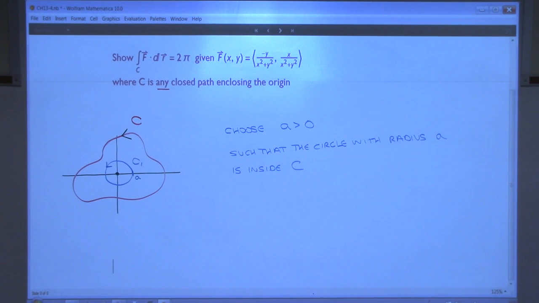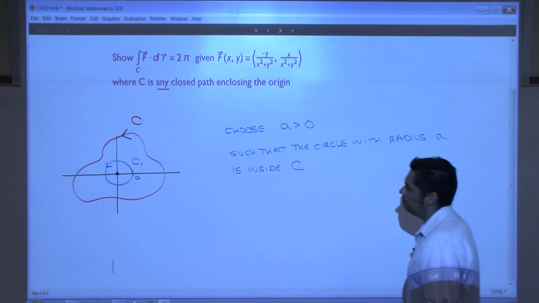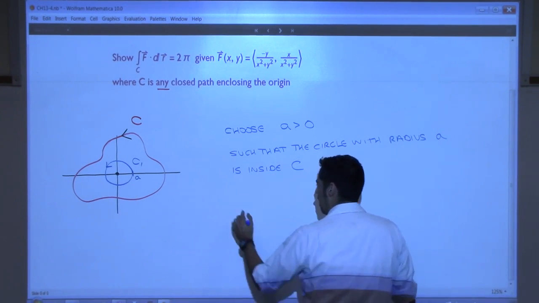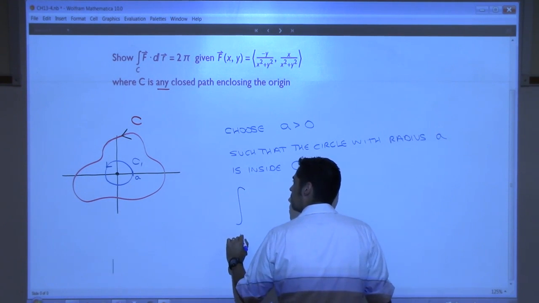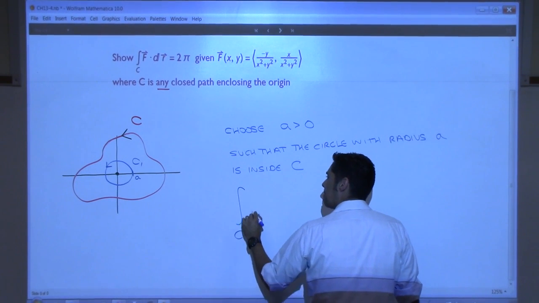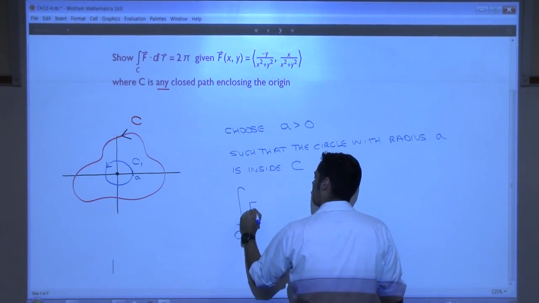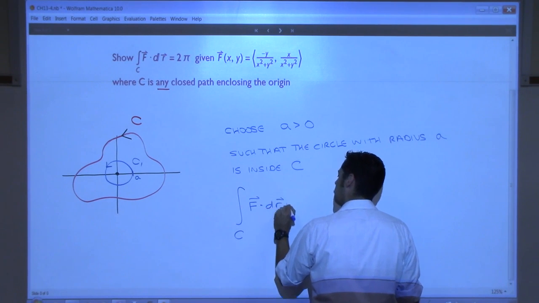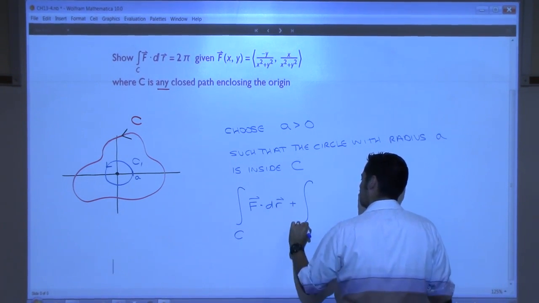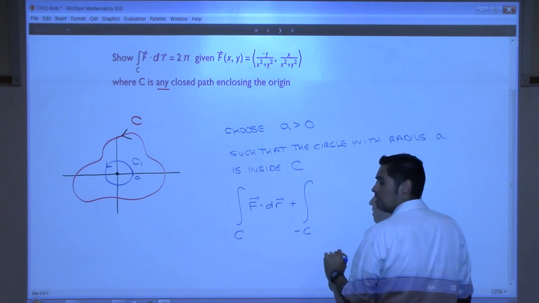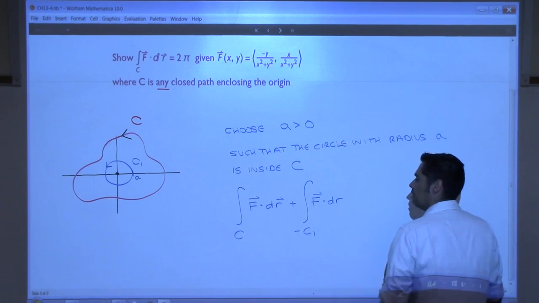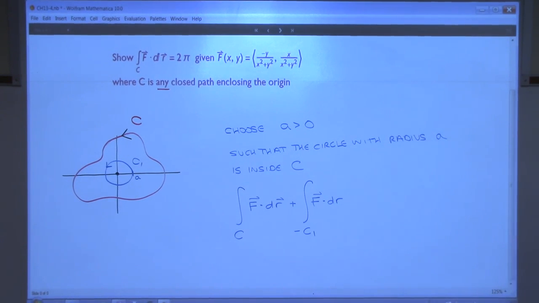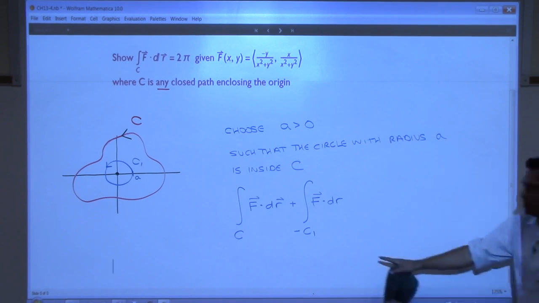Okay. What can I do next? Let's talk about what the line integral over C of f dot dr plus, let's just look at what this is, plus the line integral over negative C1 of f dot dr would be. I do realize I put a negative here.